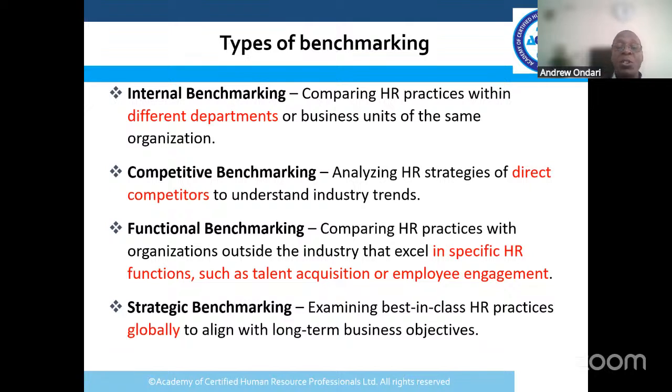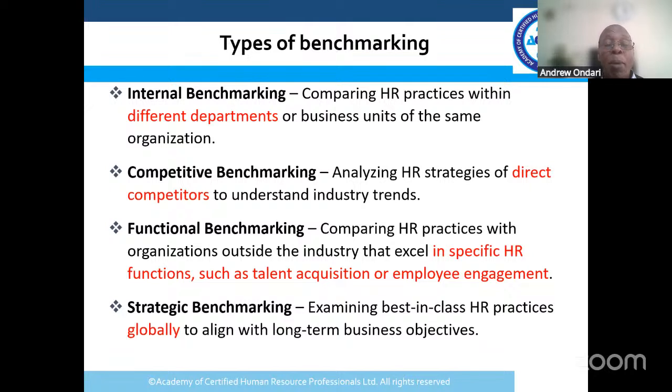Number 3 is functional benchmarking. And this relates to the various functions of HR that we undertake compared to other organizations in the industry. So specifically, we are looking at functions like human resource plan.